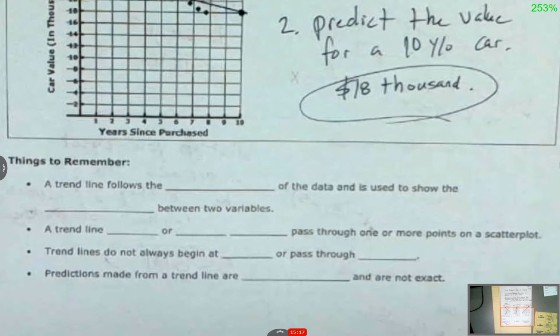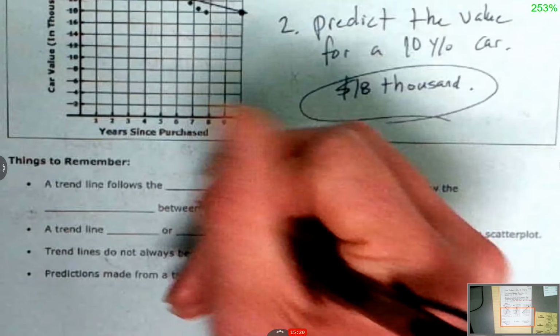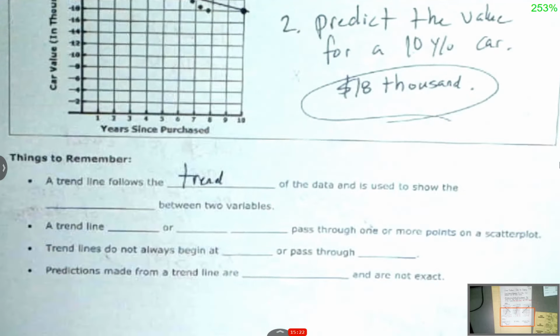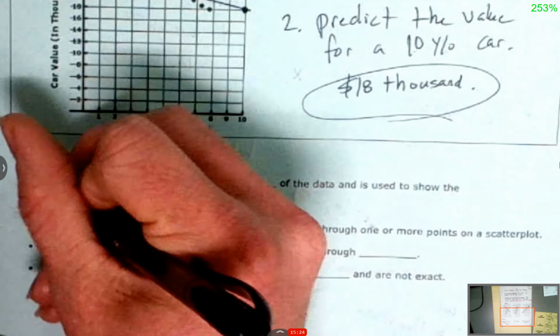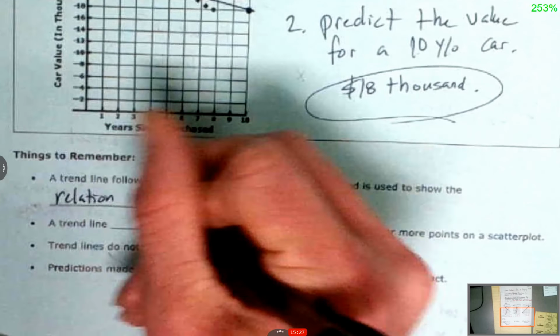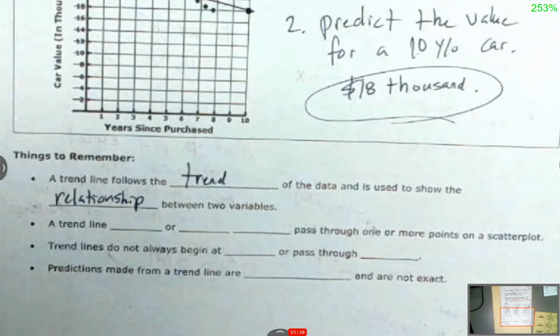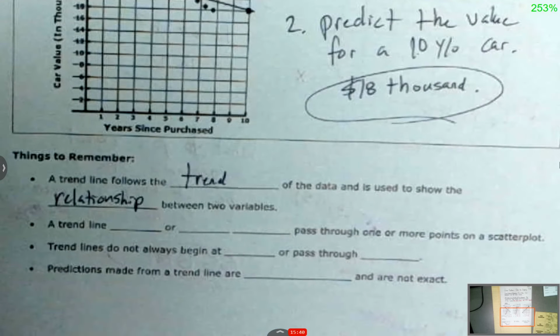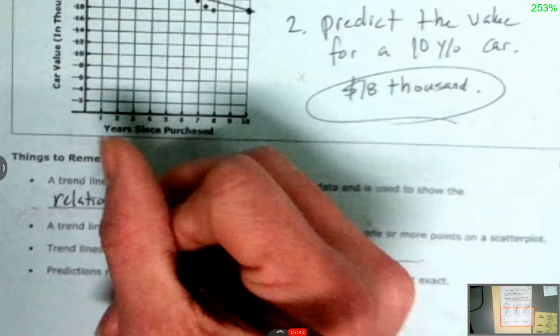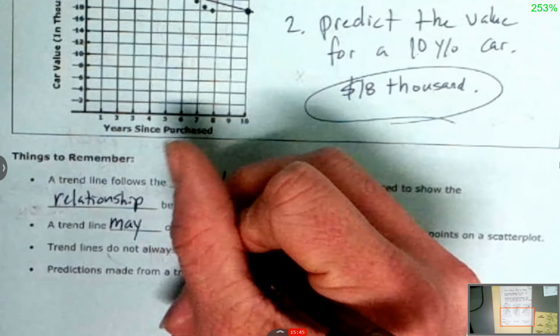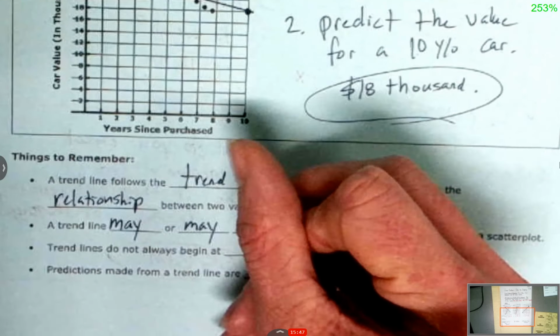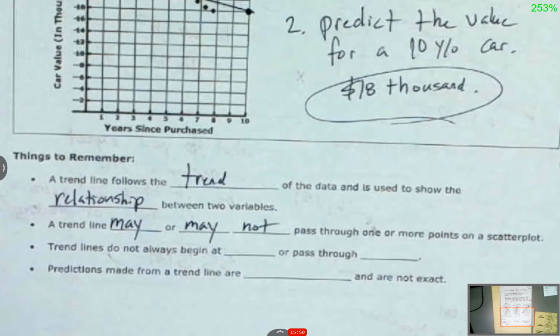Just a couple things to remember. A trend line follows the trend of the data to show the relationship between the two variables. A trend line may or may not pass through points on the scatter plot.